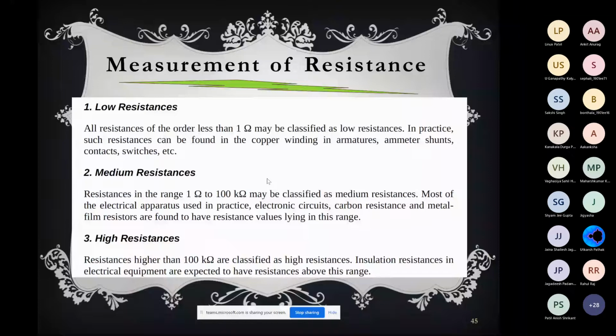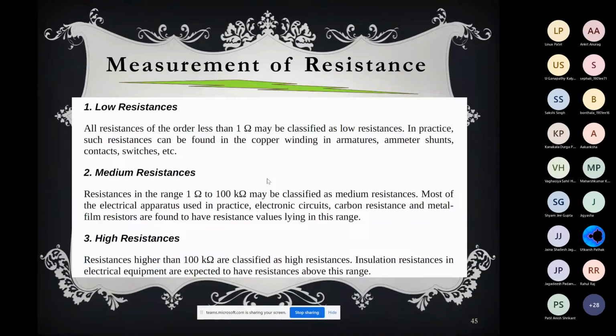So you need to measure those types of resistance. Isolation resistance is the main matter when you say more than 100 kilo ohm or mega ohm. Insulation resistance of different electrical equipment, or in a circuit, is an example of high resistance.